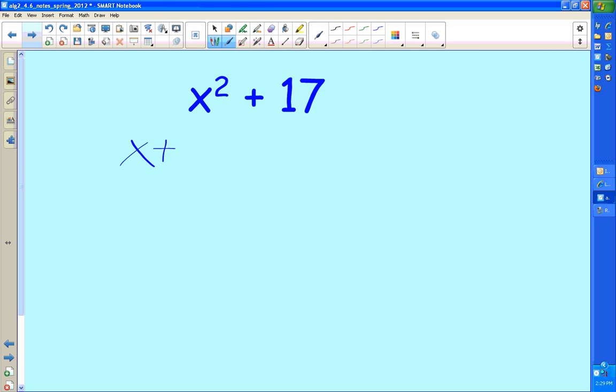It's not 17i. Just root 17 times i, x plus root 17i times x minus root 17i. It just gives you the opportunity to factor it, which we would normally say, forget it. We're not doing that. But we can handle radicals. We can handle complex numbers now. It's okay.